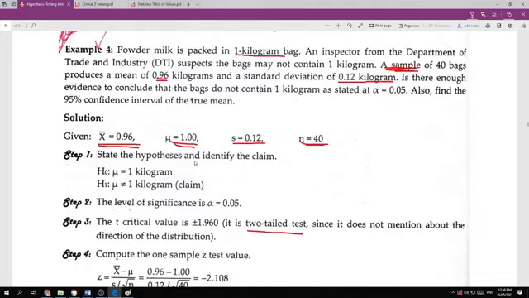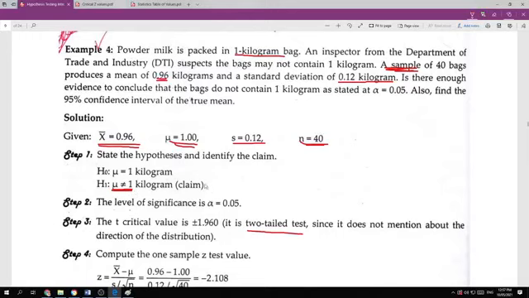Okay? Now, this is the claim, may not contain. So when you say do not contain, it means it's not equal to 1. That's why our alternative hypothesis is the population mean is not equal to 1.